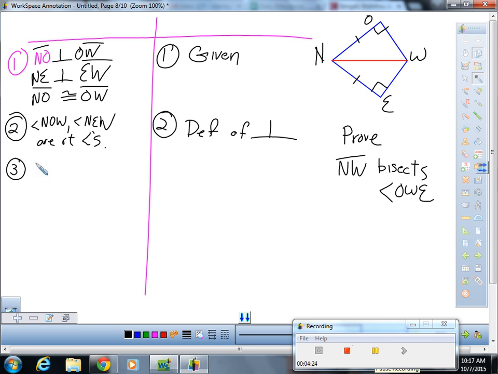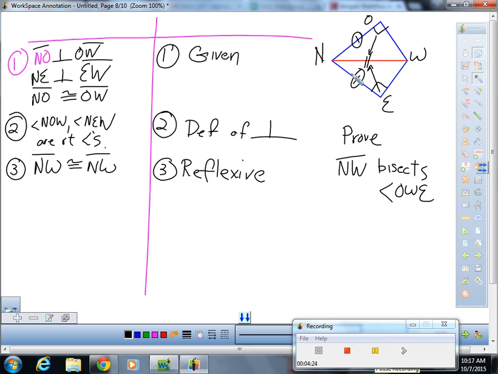Well, luckily, NW is the hypotenuse. It's the side that's across from the right angle. And I know that NW is congruent to NW because of reflexive. So now you can see I've got the H part, I've got the L part.